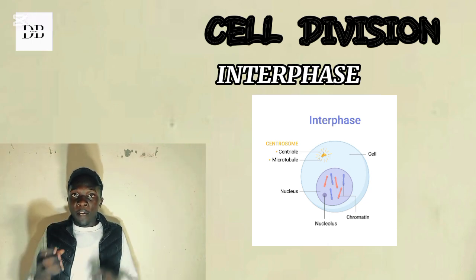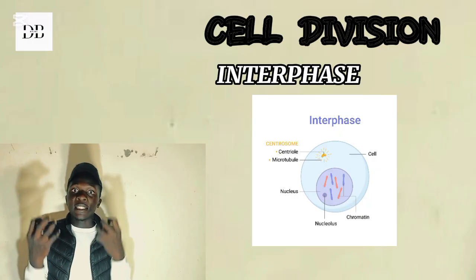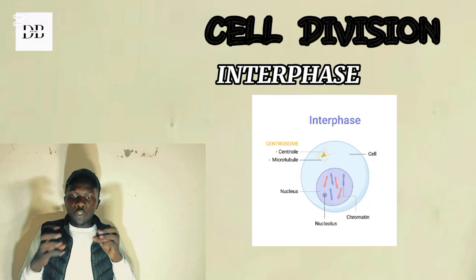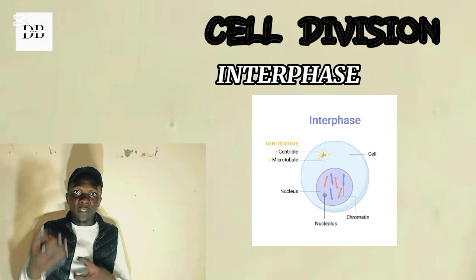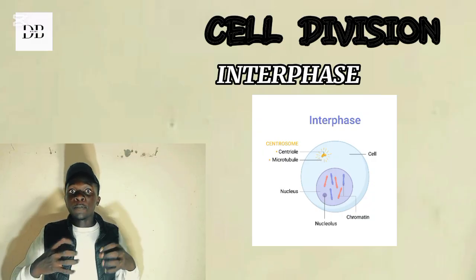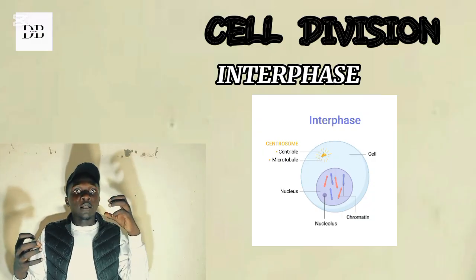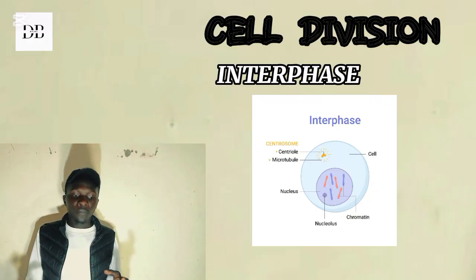Remember, for a cell to divide, it must first replicate or produce exact copies of its DNA, so that once it undergoes cell division, you can have two cells which have the full genetic information.